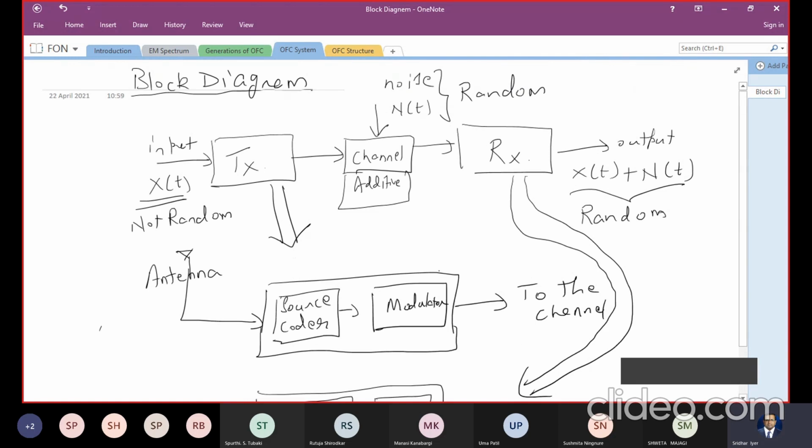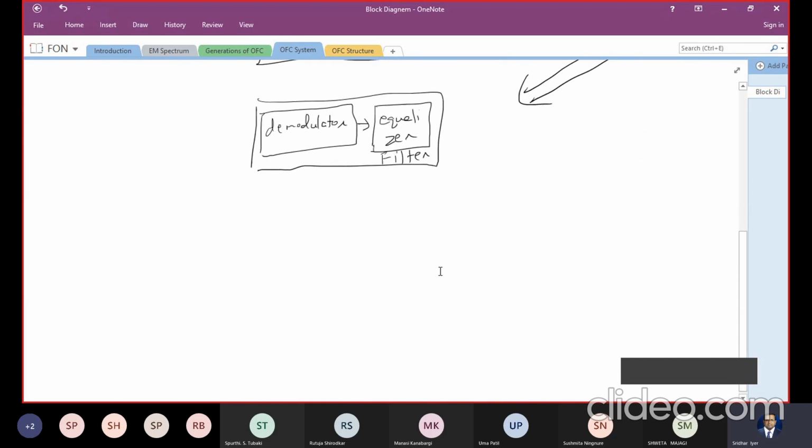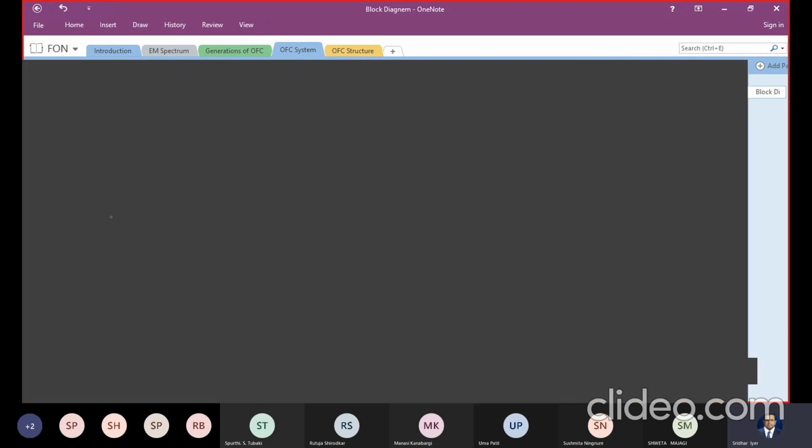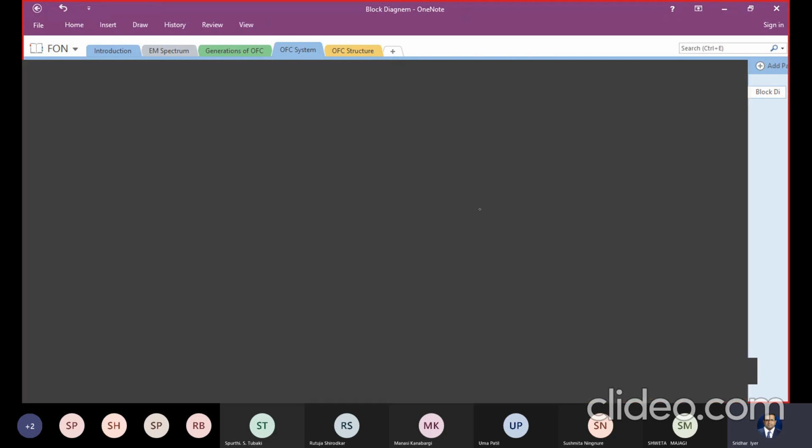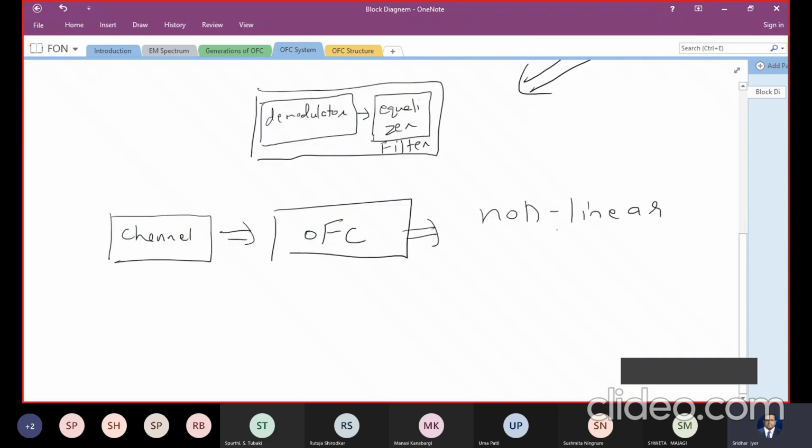I'm not going into the channel too much, but the channel which we are talking about in this subject is an optical fiber channel. So the channel here is an optical fiber cable, and the optical fiber cable is a non-linear channel.